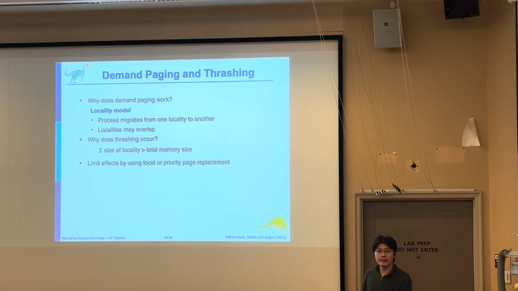And the other is temporal locality, which means that the memory pages that you accessed in the recent past are likely going to be accessed again in the near future. That's temporal locality. Because of these two locality properties, demand paging can really work.